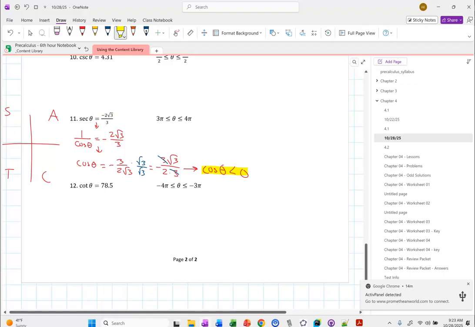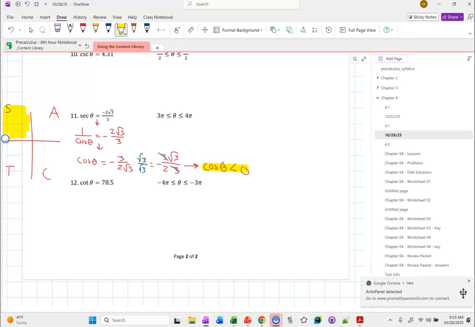So cosine is negative. That'd be S and T, right? A is for all are positive. C is for cosine is positive. So the other two places, S and T, are where we're looking for cosine negative.